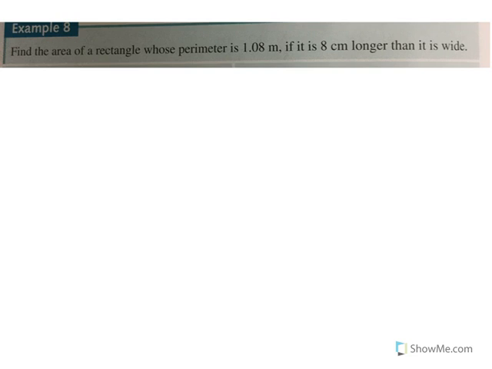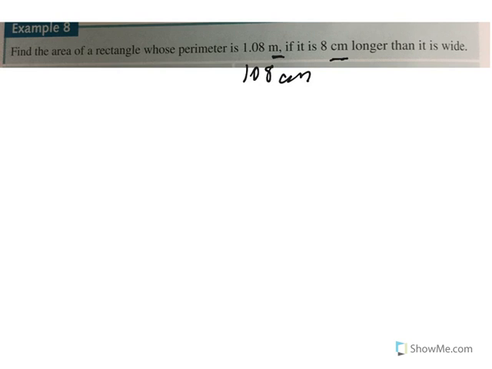Alright, so I've got a couple of things. First of all, one's in metres, the other's in centimetres, so we need them in the same units. The easiest thing is to change the metres to centimetres so that we're not working with small decimal numbers. Because there's 100 centimetres in a metre, that would be 108 centimetres.